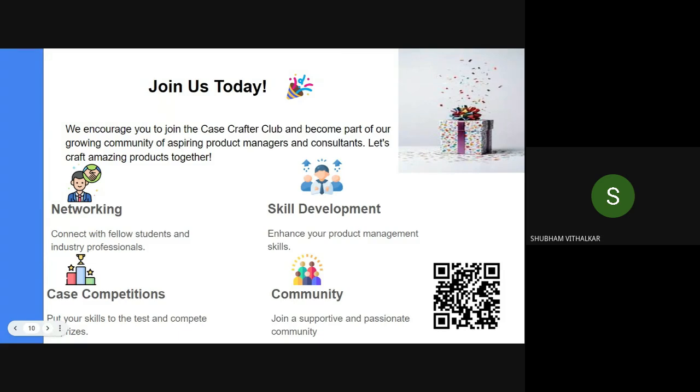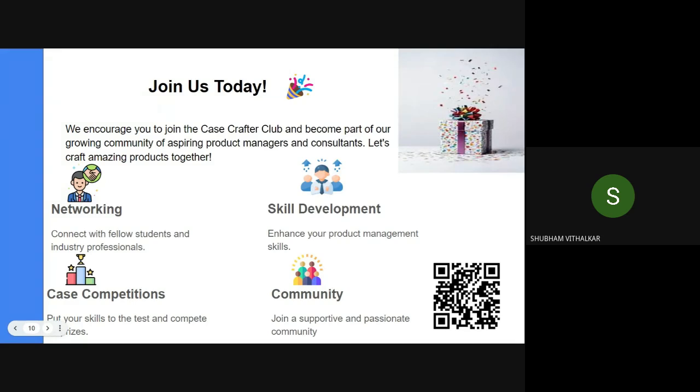You can join our club by scanning the QR code in the bottom right corner, and you will be connecting with fellow students and industry professionals. You will be developing your skills and enhancing your product management and consulting skills. We will be participating in case study competitions. So do join our supportive and passionate community.